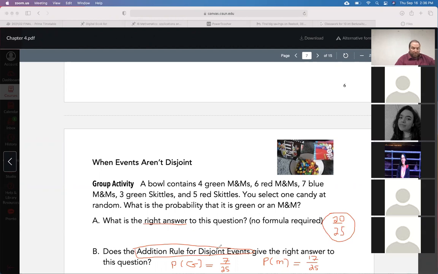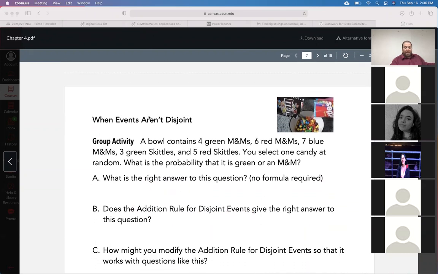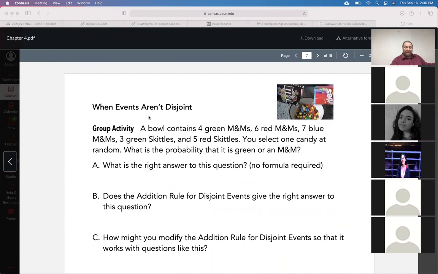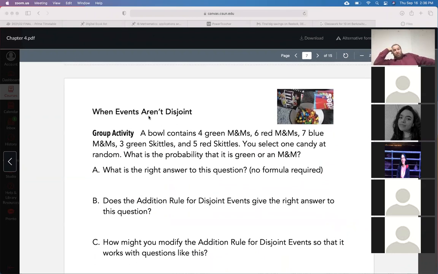Why not? Because they're not disjoint. Can you get both a green and an M&M simultaneously? Yes. Then they're not disjoint. Because they're not disjoint, we have to have a more sophisticated rule. How would you modify the addition rule for disjoint events so that it works for situations like this?